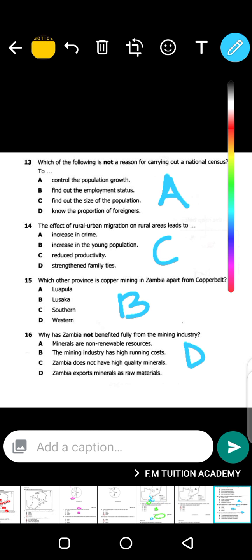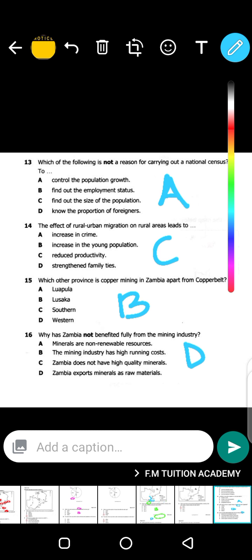See, there are all those answers. Minerals are non-renewable? No. The main thing here is because we usually export our materials. So as I said, for 15, in certain places in Lusaka we usually mine copper, in case you didn't know.